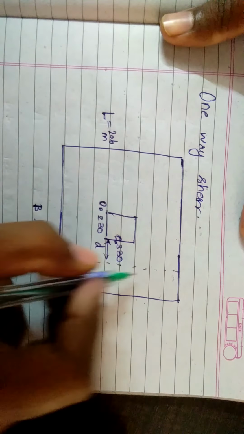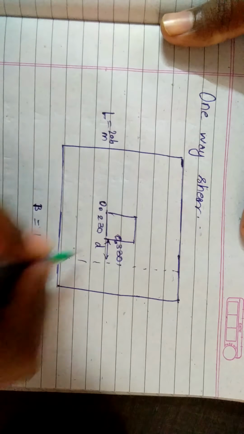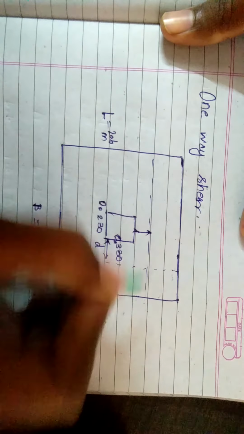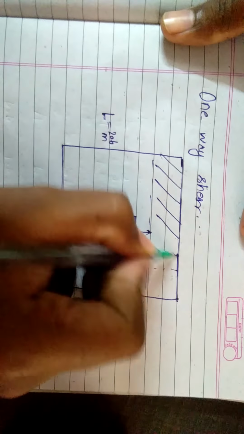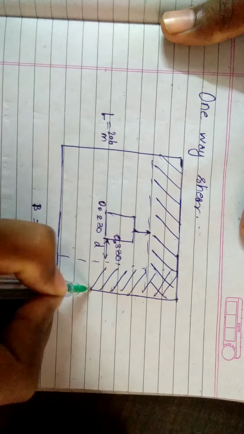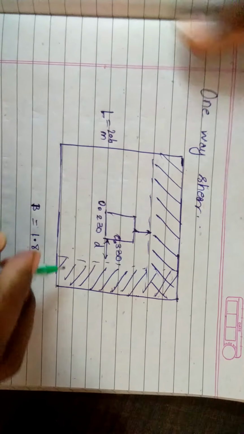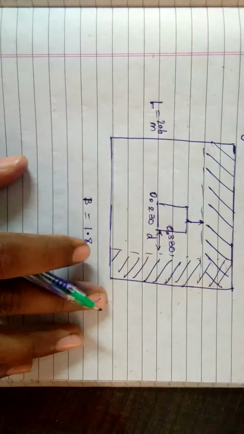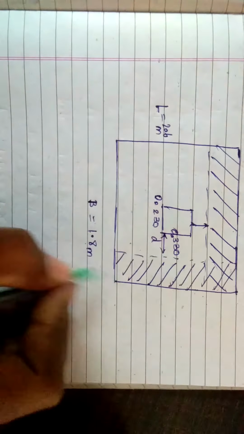Now for the one-way shear, the shear force will act at distance D from the face of the column. Here the shear force will act, a single strip at a time. The calculation of the single strip looks like a wide beam.